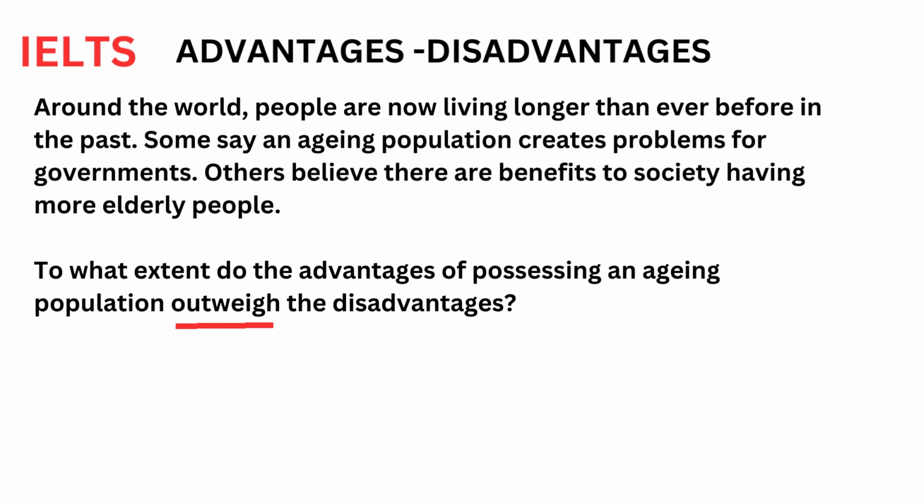So you've got to answer this question in the positive, that the elderly population is beneficial and outweighs the disadvantages of having an aging population. So, not quite as straightforward as it looks. Anyway, let's move on with this.